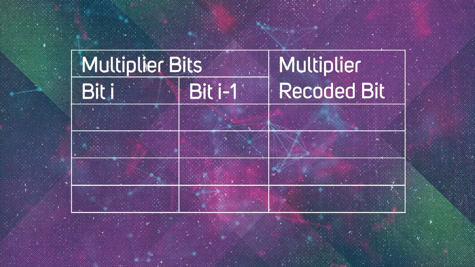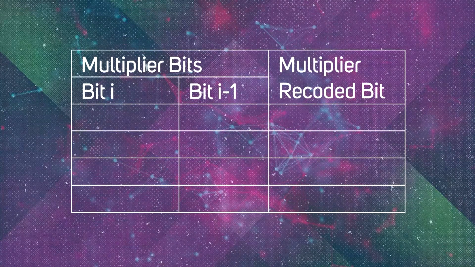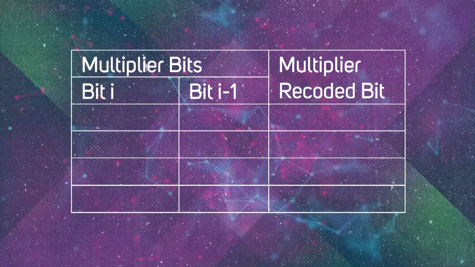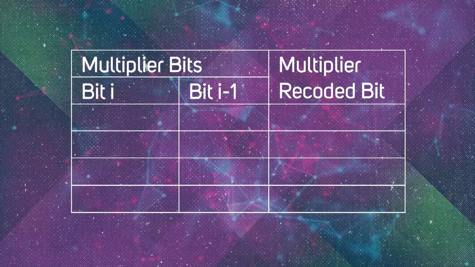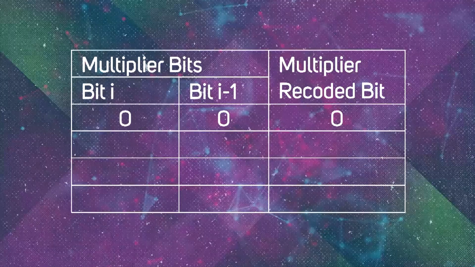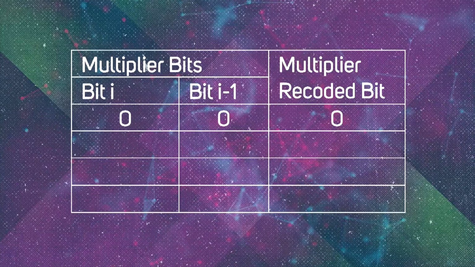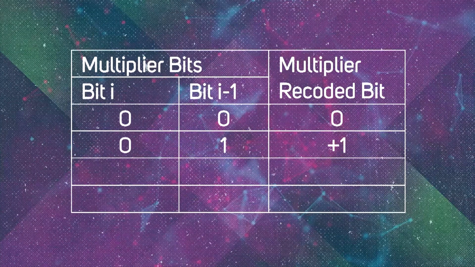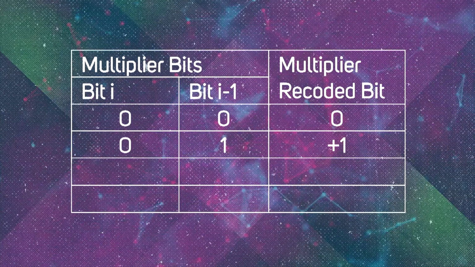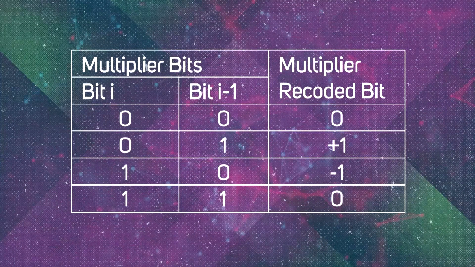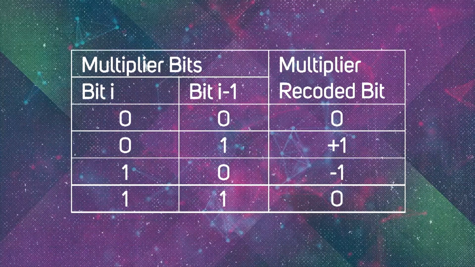The first two columns show the multiplier bits, bit i and bit i minus 1, and the third column gives the multiplier recoded bit. When the multiplier bits are 0 0, the recoded bit will be 0. When they are 0 1, the multiplier recoded bit becomes plus 1. When they are 1 0, it is minus 1, and when they are 1 1, it is 0.